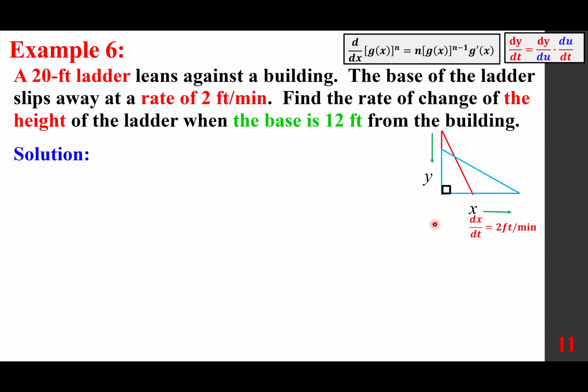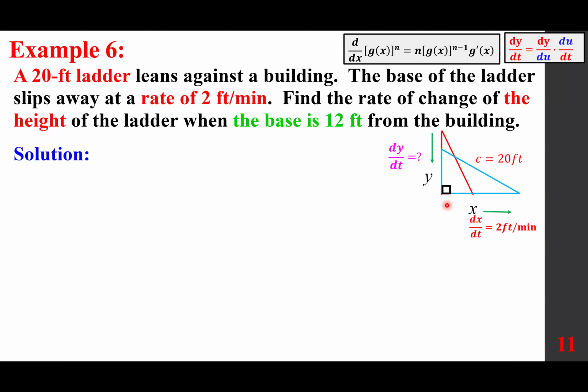As this comes down, it creates the speed dy/dt, because we call this side y. The height is h or y or whatever you want to name it. And c is fixed, 20 feet. So we are ready to write the given symbolically: dx/dt is 2 feet per minute.